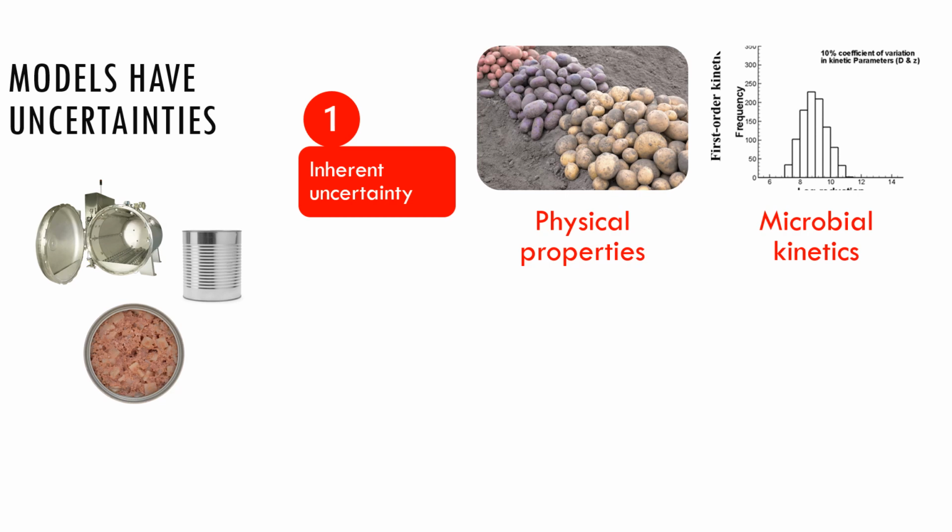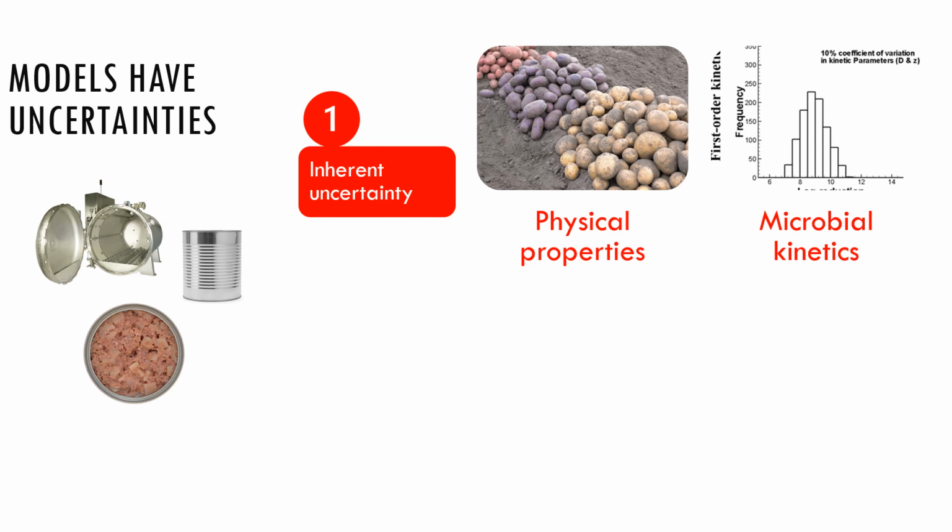So these variabilities are there most of the time. These inherent variabilities lead to inherent uncertainties in our model predictions, and these inherent uncertainties need to be considered in the simulation results that we provide. So those are inherent uncertainty.